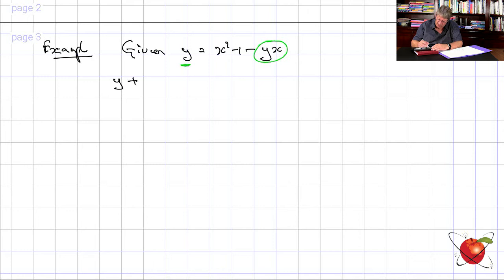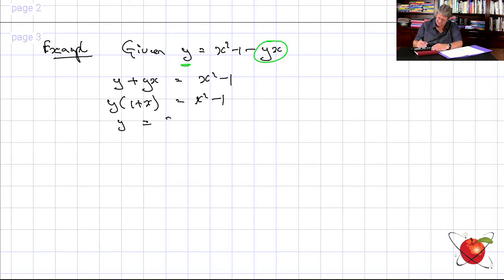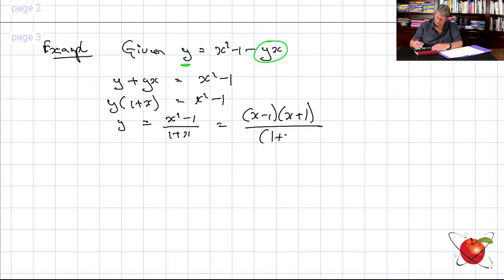So therefore y plus yx is going to be x squared minus 1. Factorize: y times 1 plus x is equal to x squared minus 1. Therefore, y is equal to x squared minus 1 over 1 plus x. The top is a difference of two squares: x minus 1 times x plus 1, all over 1 plus x, and that is the same.